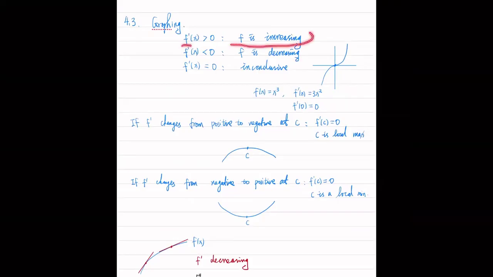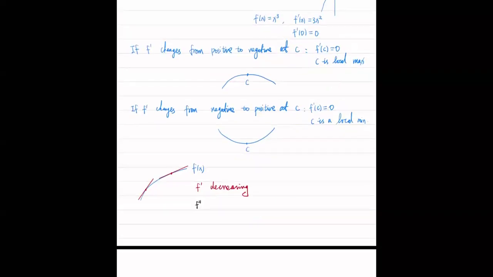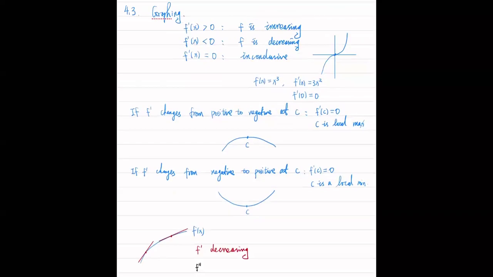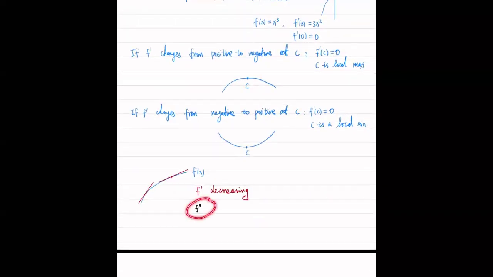If the function is increasing, the derivative is positive. What happens to the second derivative, the derivative of the derivative? The second derivative is the derivative of this one.